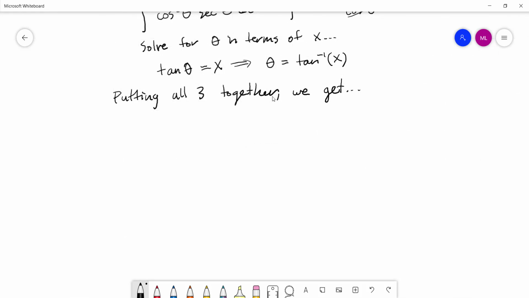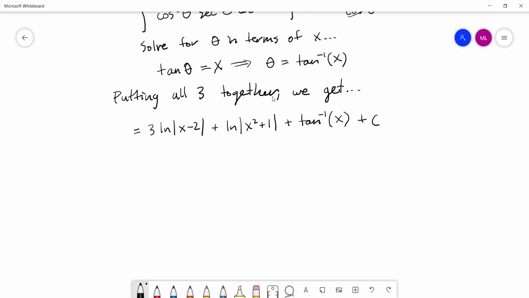I'm not going to recopy that whole integral, you know what the original integral was. But our answer is going to be 3 times the natural log of the absolute value of x minus 2, plus the natural log of the absolute value of x squared plus 1, plus this theta piece, which is the arctangent of x, and finally plus c. So there's the answer to that problem.